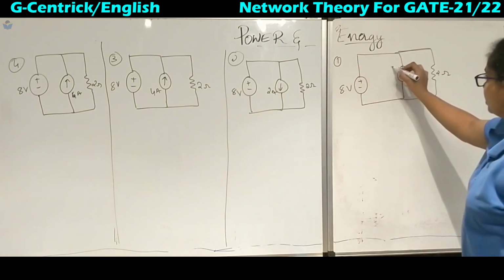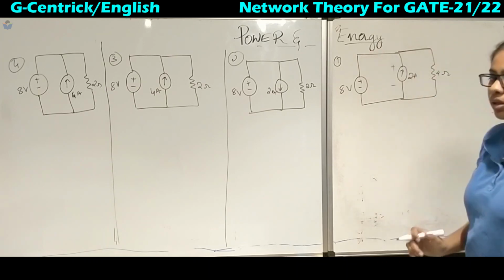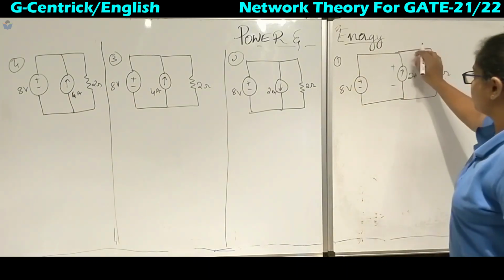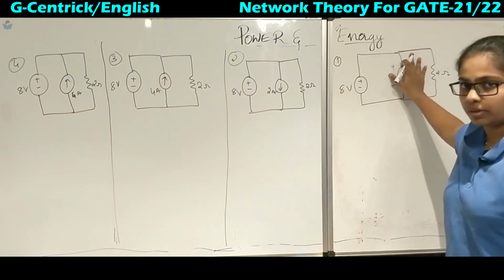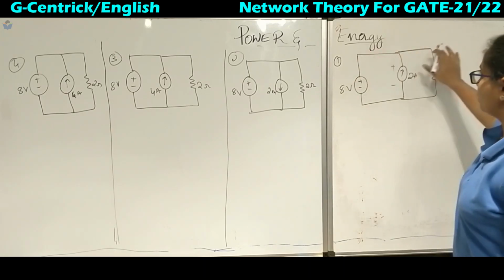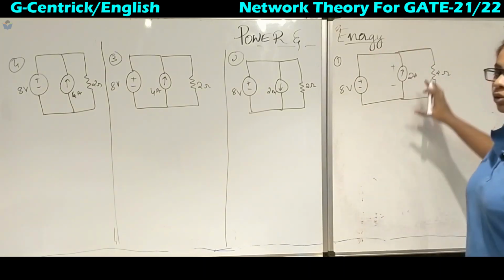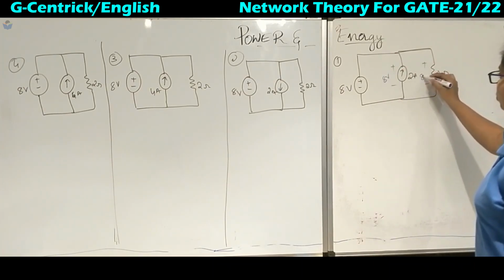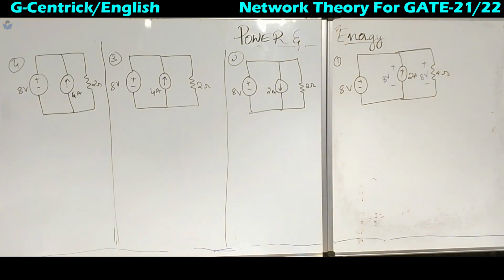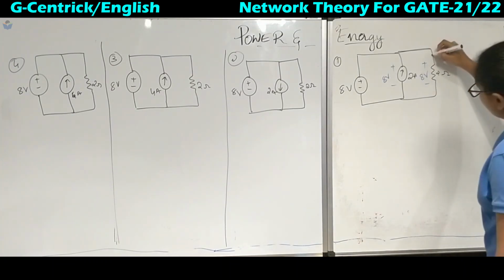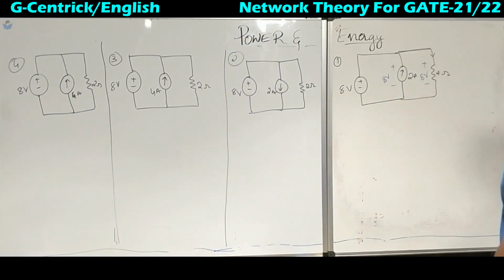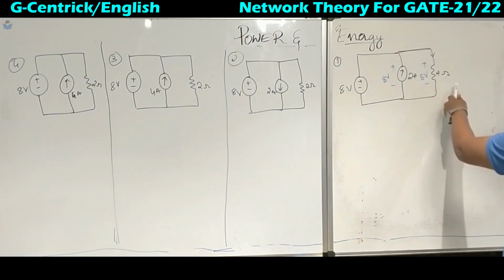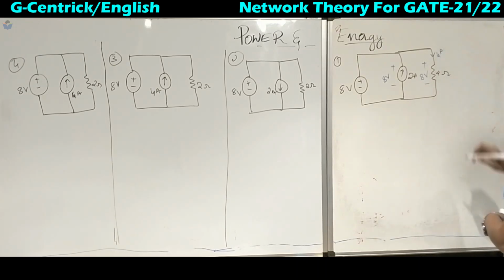It is in parallel and the same potential is everywhere. Both branches do not have any elements between them, so the potential will be the same across these two parallel branches. Here it is 8 volt, then here also it will be 8 volt. Now this is a passive element, so the current enters from this one, and the current is nothing but 8 by 2, 4 amperes.